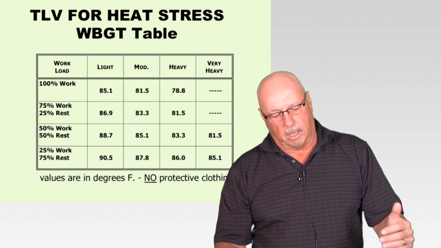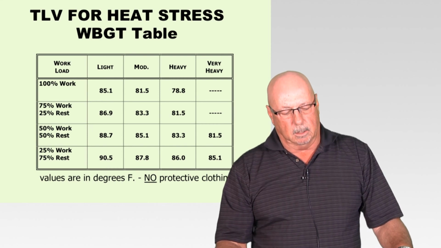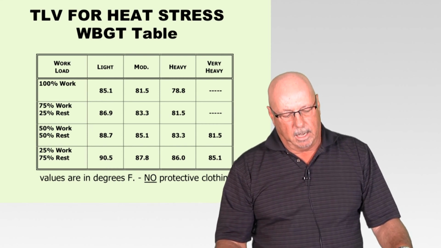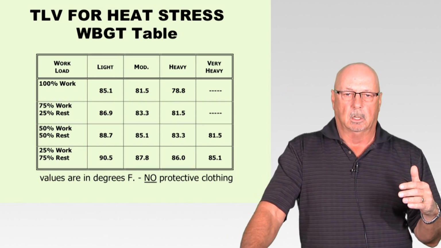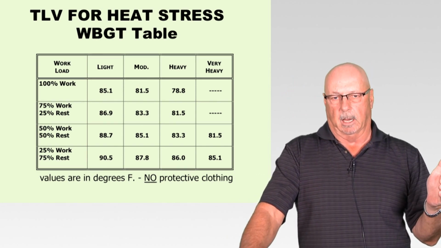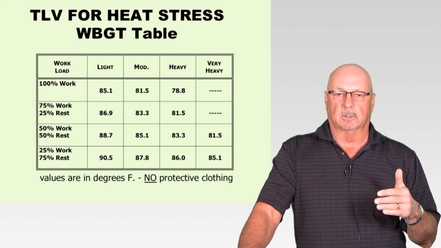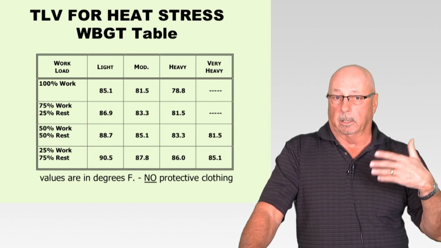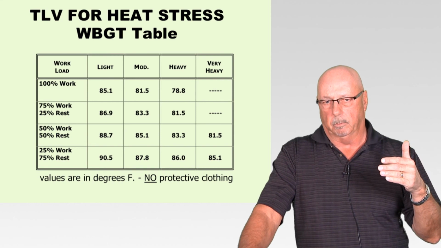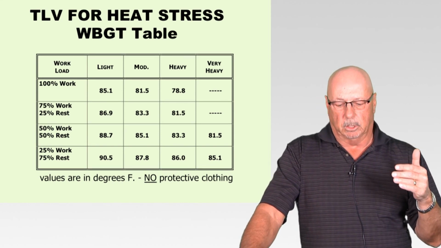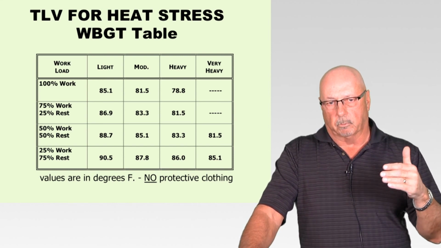And then on the vertical axis on the left column, you can see a work-rest regime. And 100% means you can work 100% out in that environment, doing that workload that's listed here without any kind of rest. And then as it gets hotter and the WBGT value increases, then your work-rest regime will adjust.